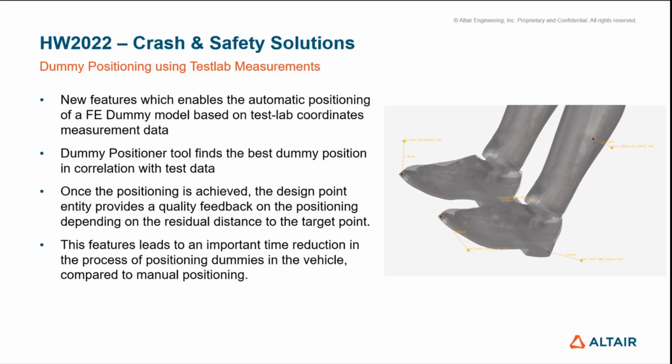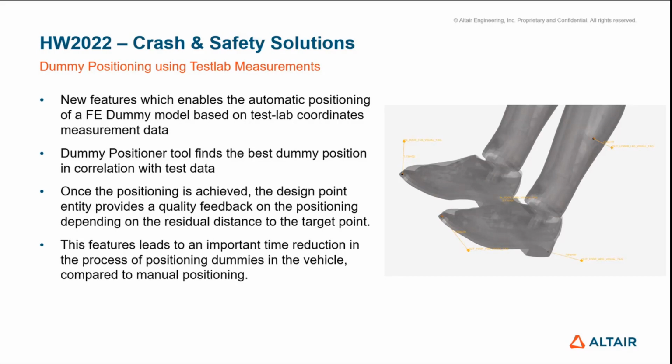This is a standard procedure at OEMs and suppliers, where when you have to correlate your simulation to a test, you usually have from the test lab measurement data, measurement coordinates, which define on different locations on your dummy the coordinates of some targets on some points, which define then the final position of your dummy.